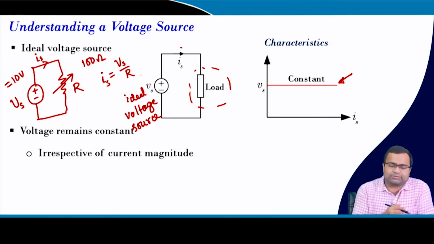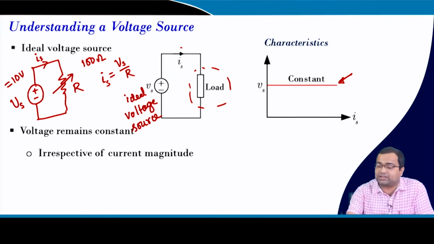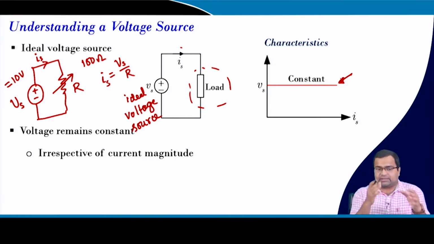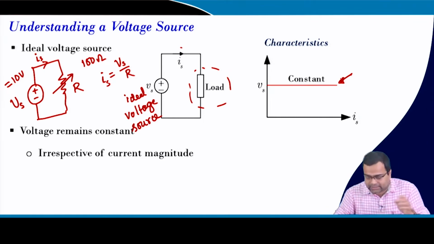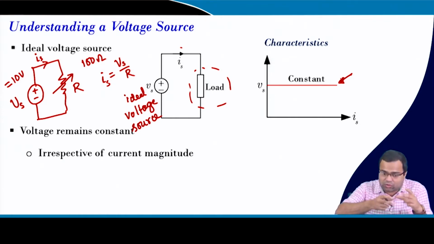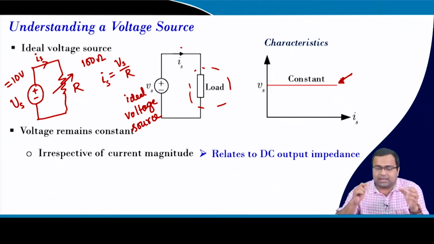So, if you keep on decreasing the resistance slowly using a potentiometer, the current will increase, and you will see the voltage should remain constant if it is an ideal voltage source.